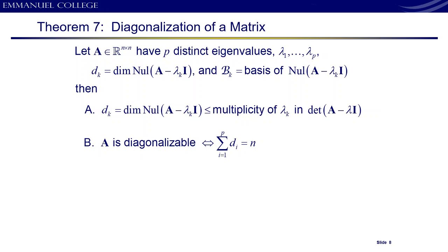A is diagonalizable if the sum of the dimensions is equal to n. Basically what that's saying is, do you still have n independent eigenvectors? The corollary is one of those guarantee theorems.